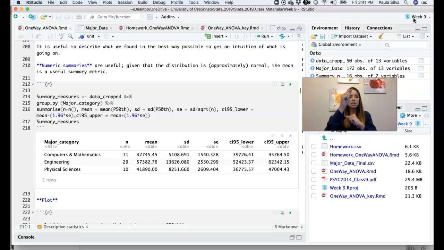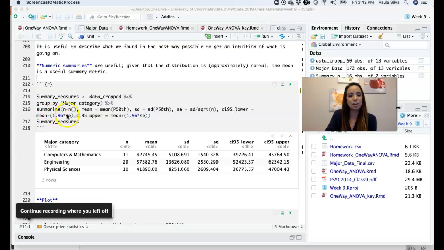And then we ask R to summarize these different groups and get the number of participants in each group, the number of majors in this case in each group, the mean of our response variable, which is the mean of the typical salary, the standard deviation of the typical salary, the standard error of the typical salary, and I also asked for the confidence intervals around the mean for the salaries.